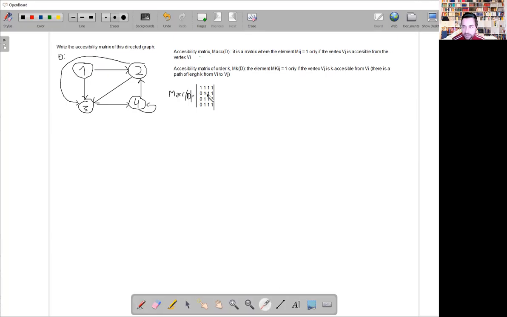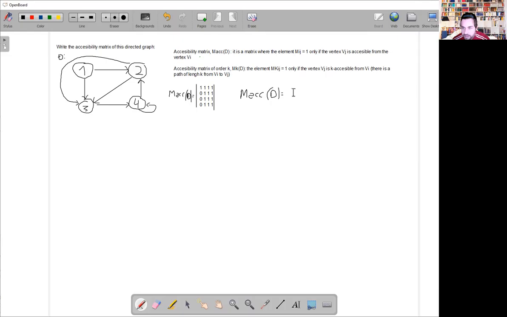Okay, so in this case it was easy because this is a very small graph, right? We only have 4 nodes and a few links. But what would happen if the graph was bigger or more complex? Well, in that case, there is another formula to calculate the accessibility matrix, right? And in this case, the accessibility matrix of this graph is equal to the identity matrix.